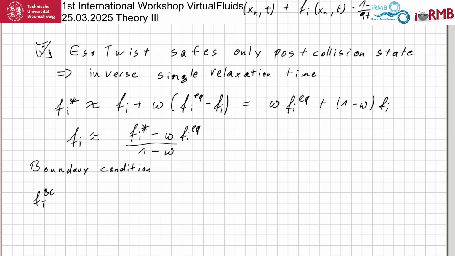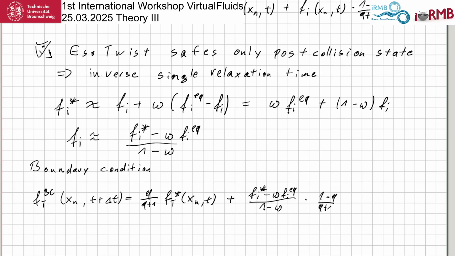So you get the new value f_n at x_n, t plus delta t is realized as q, where the q plus 1 f_i asterisk x_n t plus f_i minus omega after collision, omega f_i equilibrium, divided by 1 minus omega times 1 minus q, divided by q plus 1, plus f_i after collision x_n and t, 1 over q plus 1.